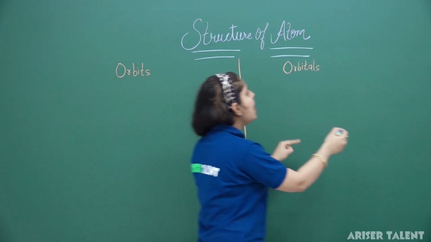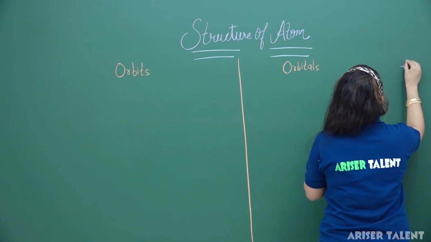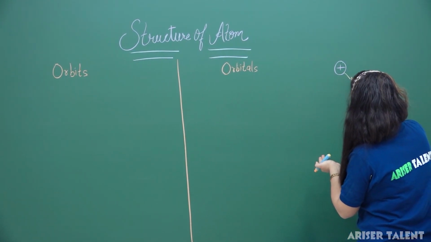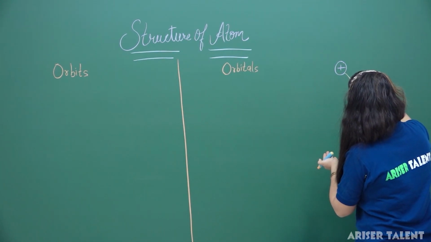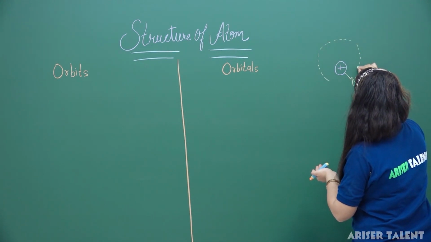If I talk about the atom, we have the nucleus in the center. This positive sphere is basically the nucleus, and we have different shells in the atom.